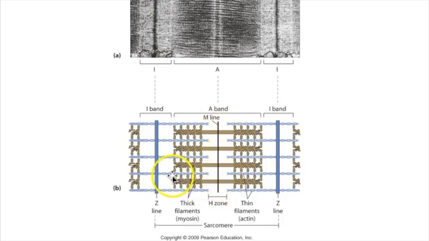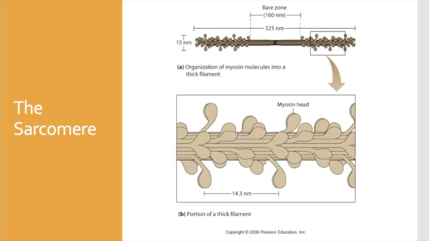There are no globular heads present in the H zone. Remember, these myosin heads come off of the thick filaments in 360 degrees, and they're staggered. It looks sort of random to us, but the truth is the myosin heads are arranged symmetrically around the 360 degrees of the thick filament.